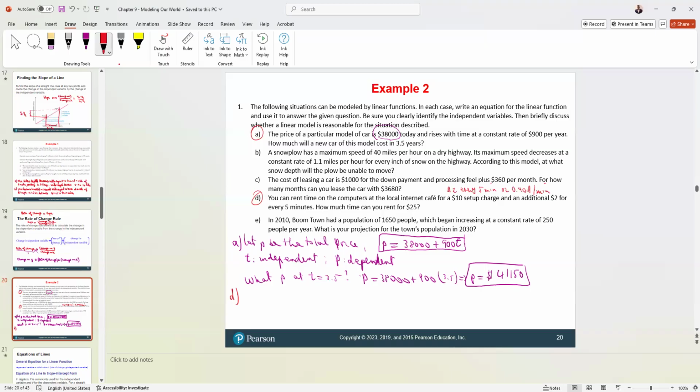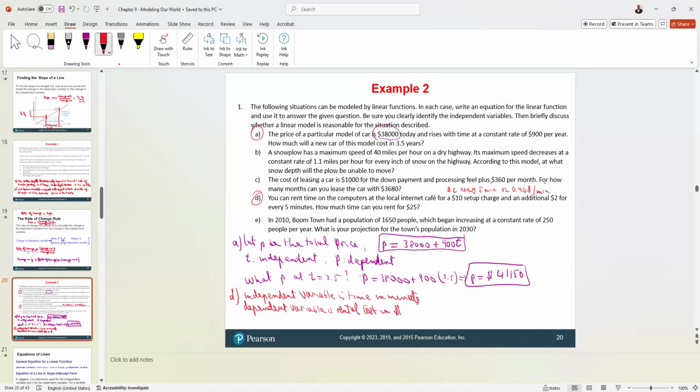So first of all, I prefer to use time in minutes. The independent variable is time in minutes. The dependent variable is the rental cost, rental cost in dollars.